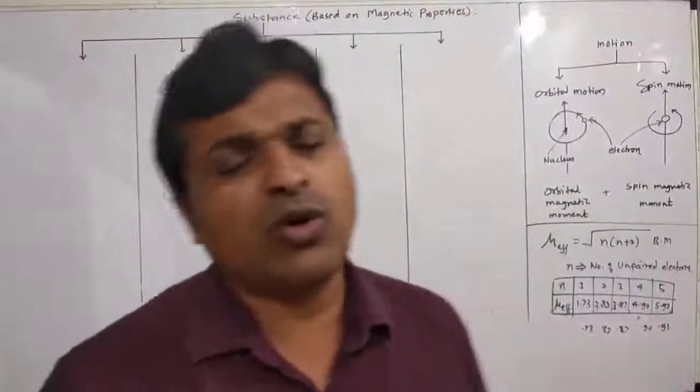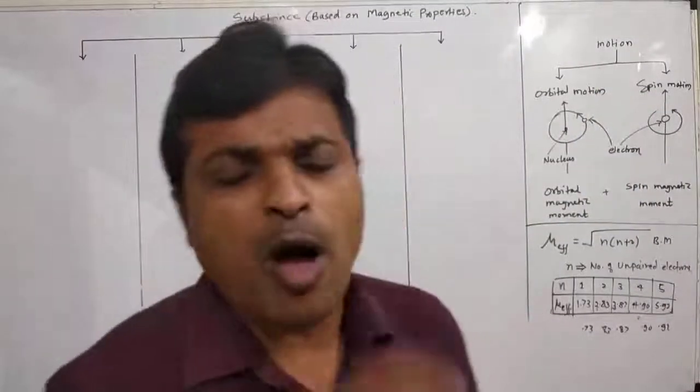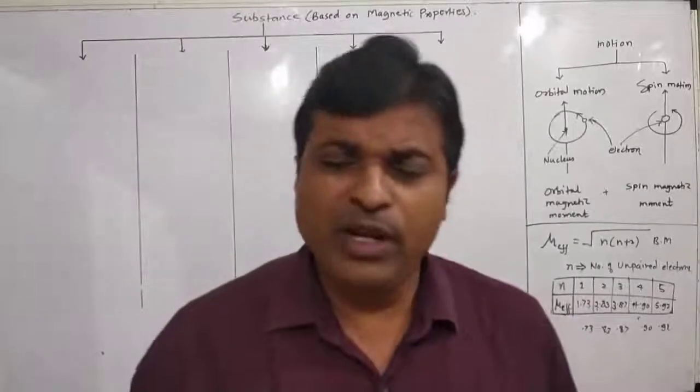Suppose this is the direction of propagation of the charged particles, this is the electric field, and this is the magnetic field. So we are talking only about the magnetic field.